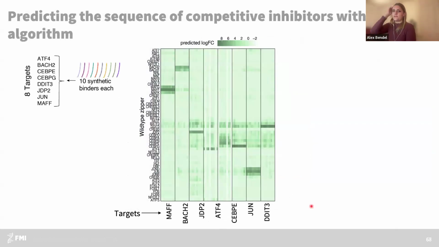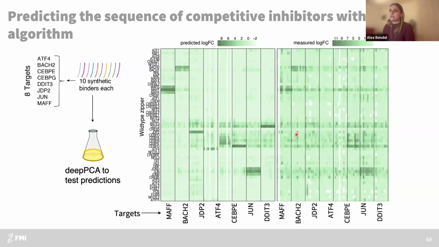We took this one step further and used our neural network to predict synthetic BZIPs as competitive inhibitors for 8 chosen targets that come from 8 different BZIP subfamilies. And the network basically predicted these binding scores or enrichment scores for the 10 binders that are shown in the columns.